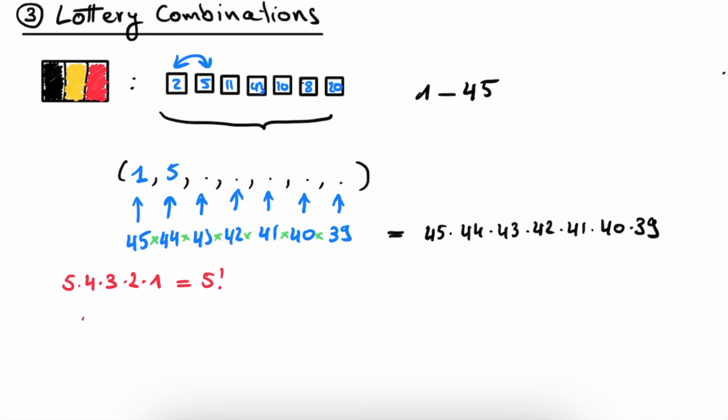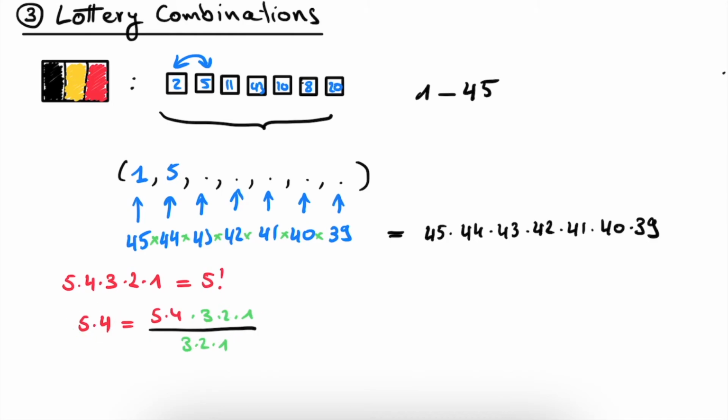However, this also means that if we have 5 times 4, that we can write this as 5 times 4 multiplied by 3 times 2 times 1. But because we multiply with 3 times 2 times 1, and it wasn't there in the first place, we need to divide it away again. And we see that if we cancel these two terms out, we indeed get this 5 times 4 again.